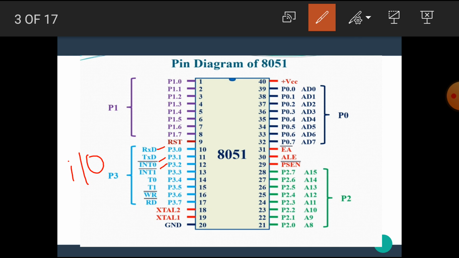P3.2 pin is INT0 pin, which is used for the external interrupt. Similarly, INT1 pin is also used for external interrupt. T0 and T1 are used for timers, WR is used for write data, and RD is used for read data.